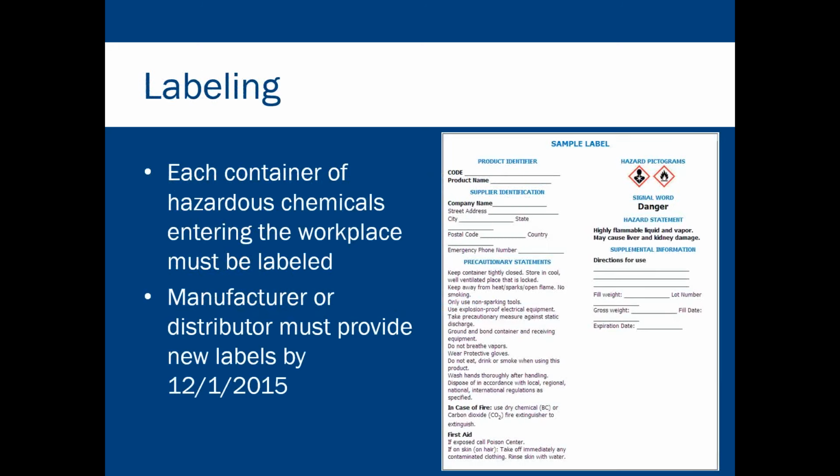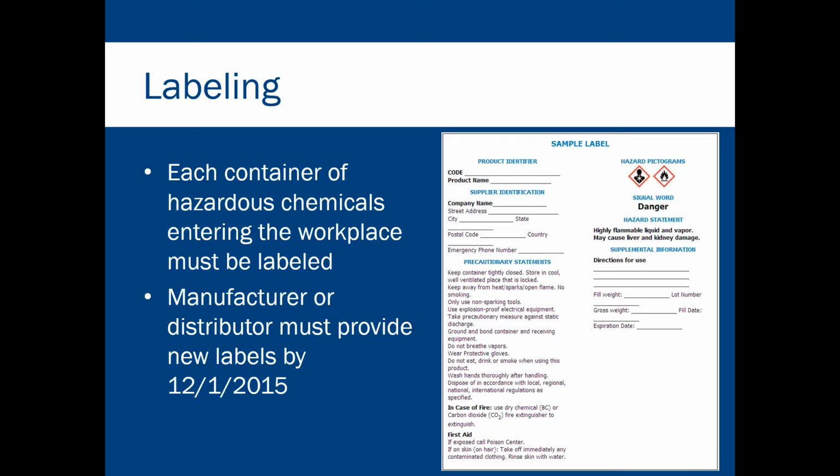Labeling. As you can see on this slide, we provided an OSHA sample label that's on their website. This is also included in the supplemental information that was provided to you. The main thing to understand is starting December 1st, 2015, the labels must include all the information you see on this sample.